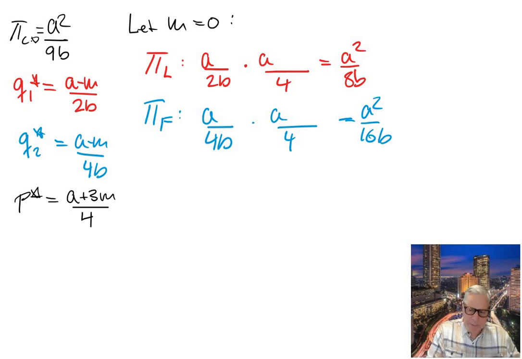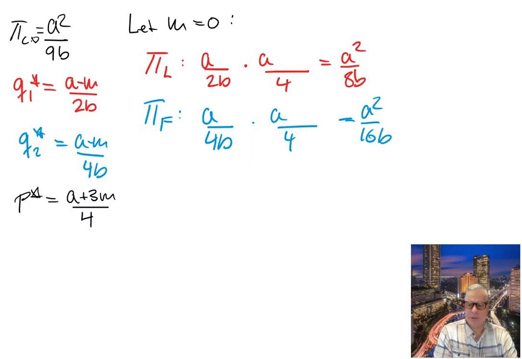So to sum up, in a Stackelberg leader follower model, the leader gets a higher quantity than a firm in the Cournot duopoly. The follower gets a lower quantity. The overall quantity supplied by the Stackelberg leader and the follower is greater than the total quantity supplied in a Cournot duopoly.